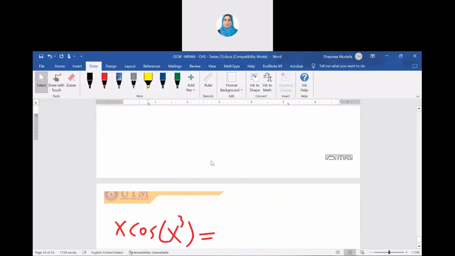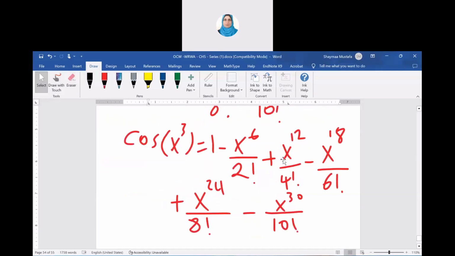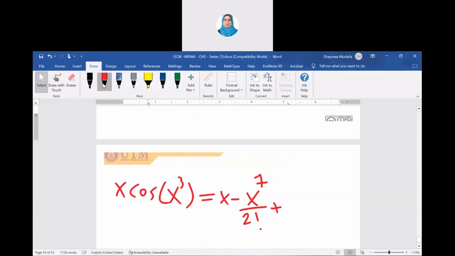So I need to multiply by x. So you have x minus x to the power 7 over 2 factorial plus x to the power 13 over 4 factorial.